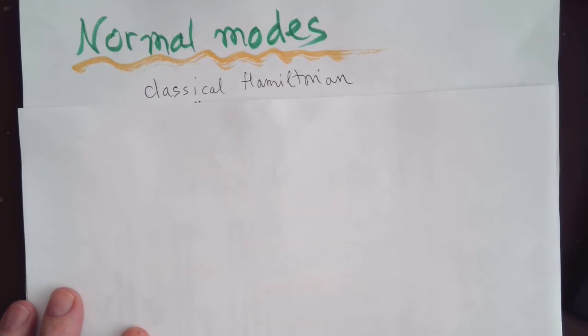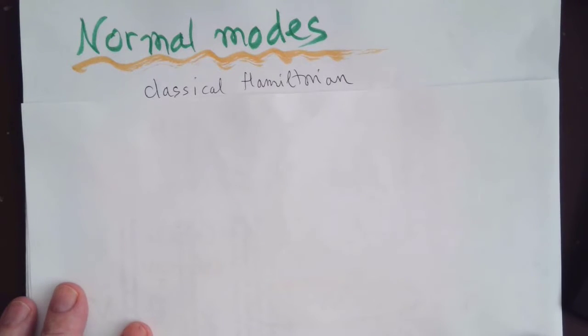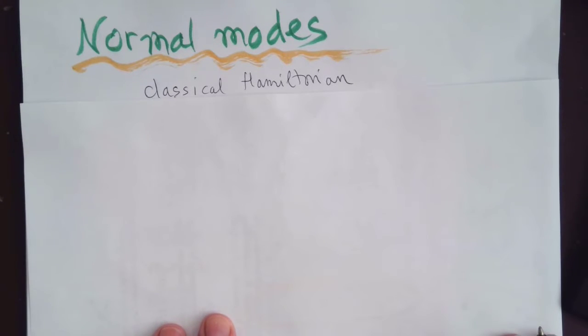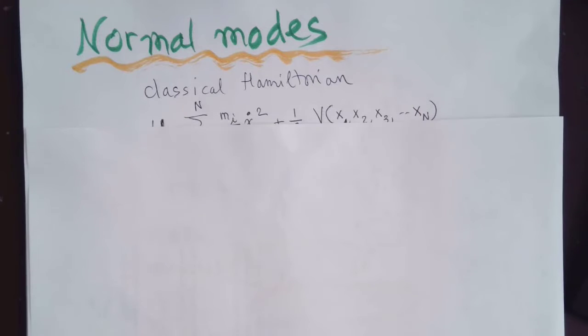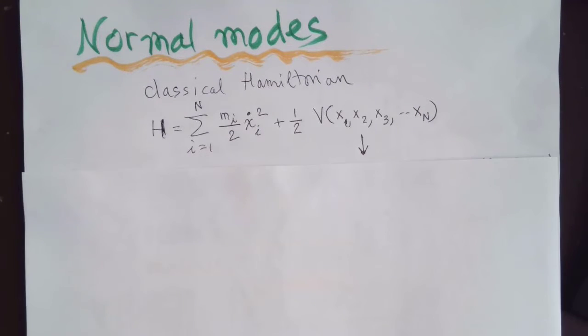So the idea is quite simple and easiest to explain by thinking of a spring mattress or by thinking of a bunch of molecules interacting in some way or other. And on a classical level, there's a classical Hamiltonian of n particles.